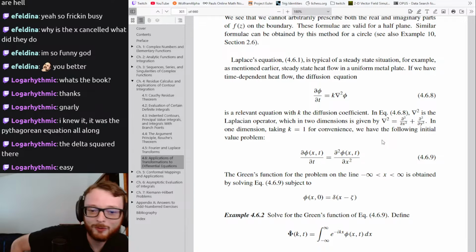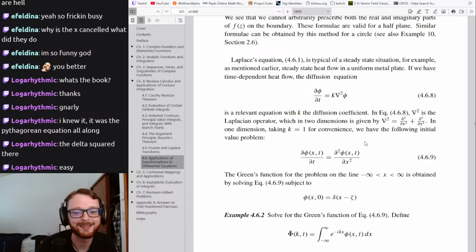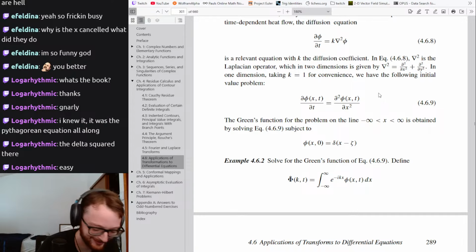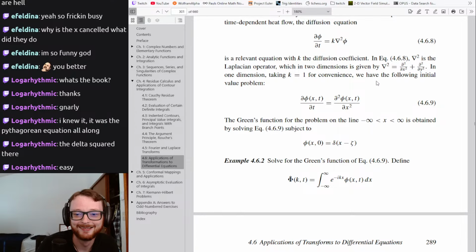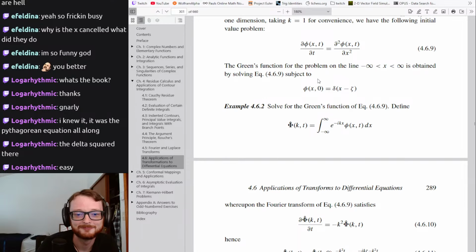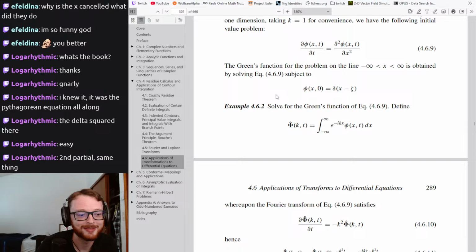There might be one for all I know, though. Yeah, easy, just take the square root. No, actually, these aren't even actual squares. It's not an exponent, it's actually a superscript, which is even worse. Ugh. Second partial, same thing. Yeah, squaring two derivatives. What's really the difference?